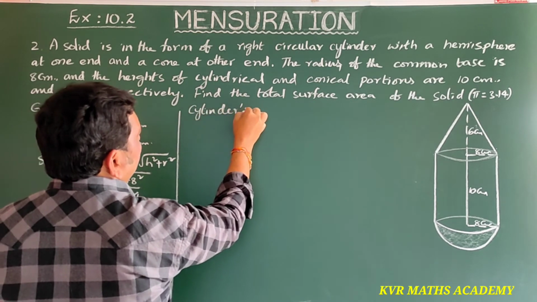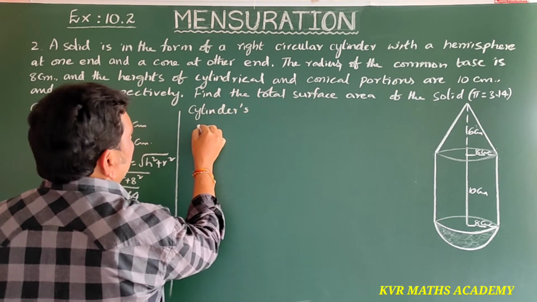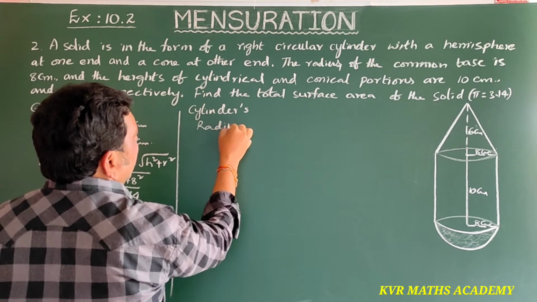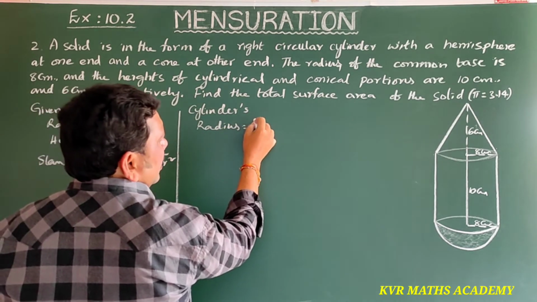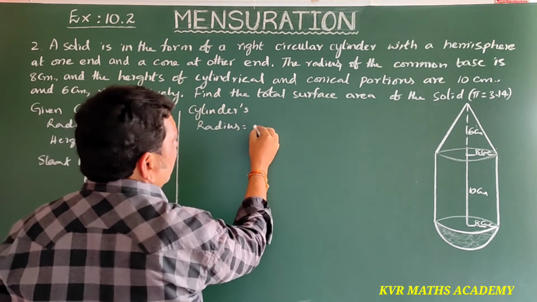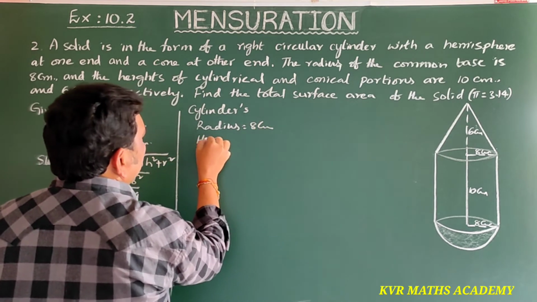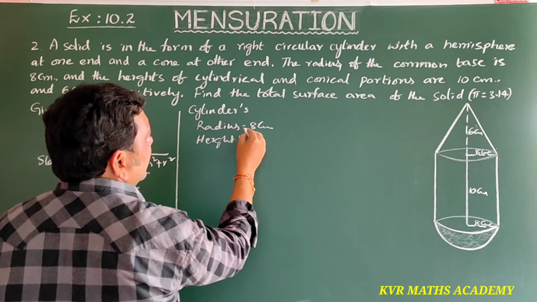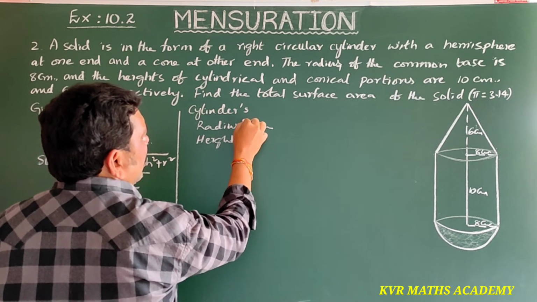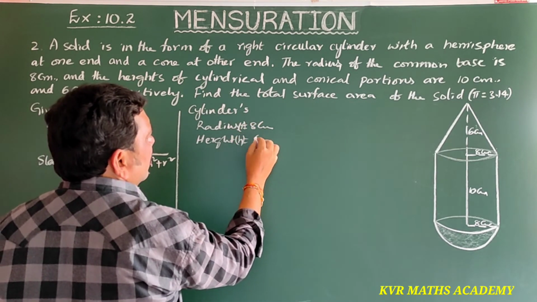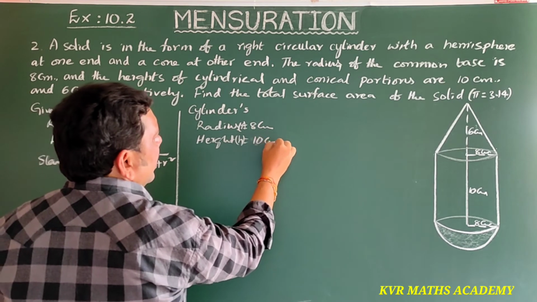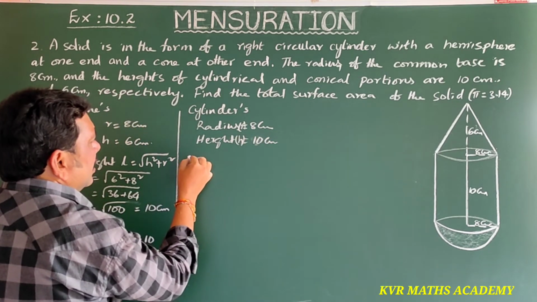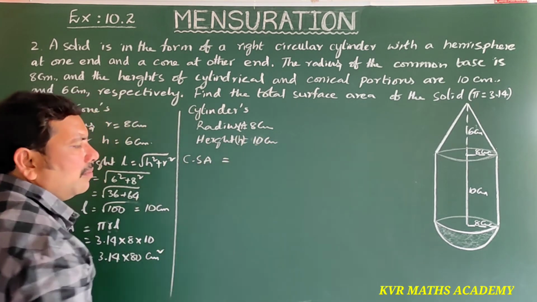Cylinder. Radius is equal to how much? Yes, 8 centimeters. Next, height h. Sorry, 10 is given, no? 10 centimeters. Next, CSA is equal to, what is the formula?